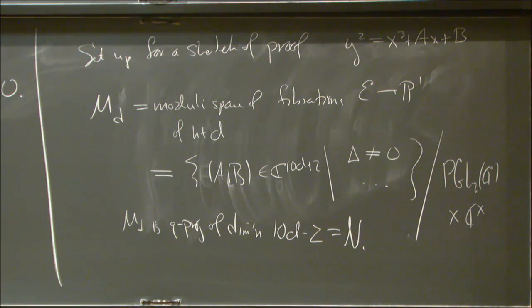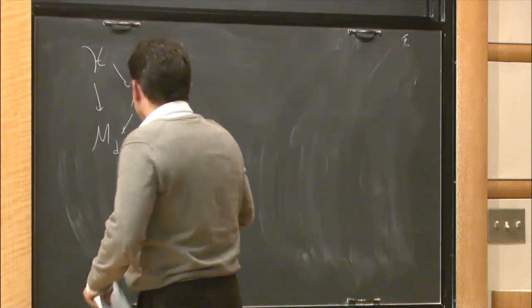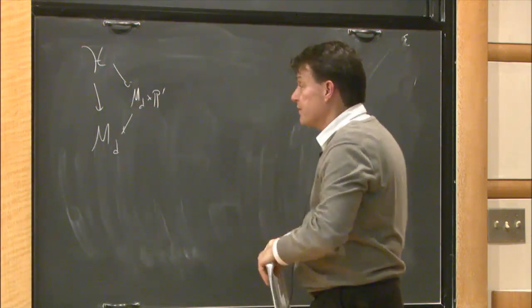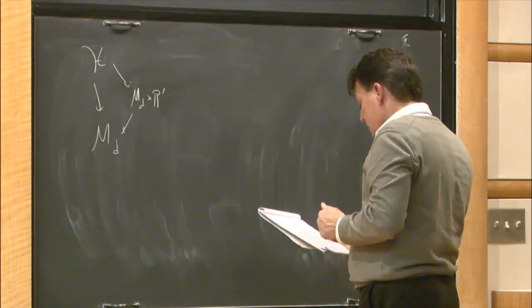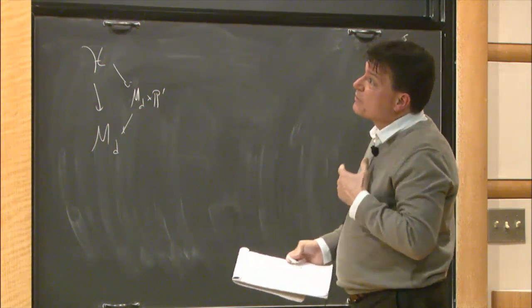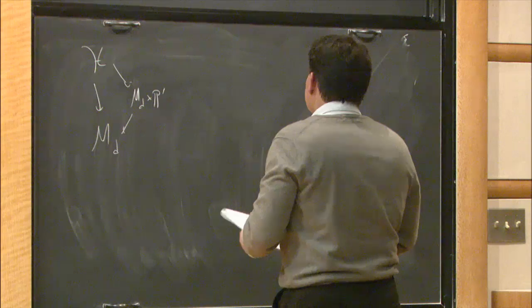So this maps over MD cross P1. Here at some point, this is the elliptic fibration that point stands for. And we're trying to prove something about rational curves, so we can set up a Hilbert scheme.